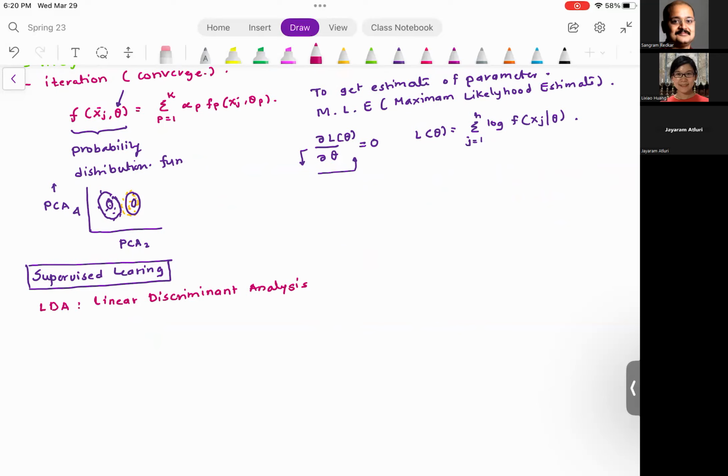The idea here is that this approach tries to solve an optimization problem.